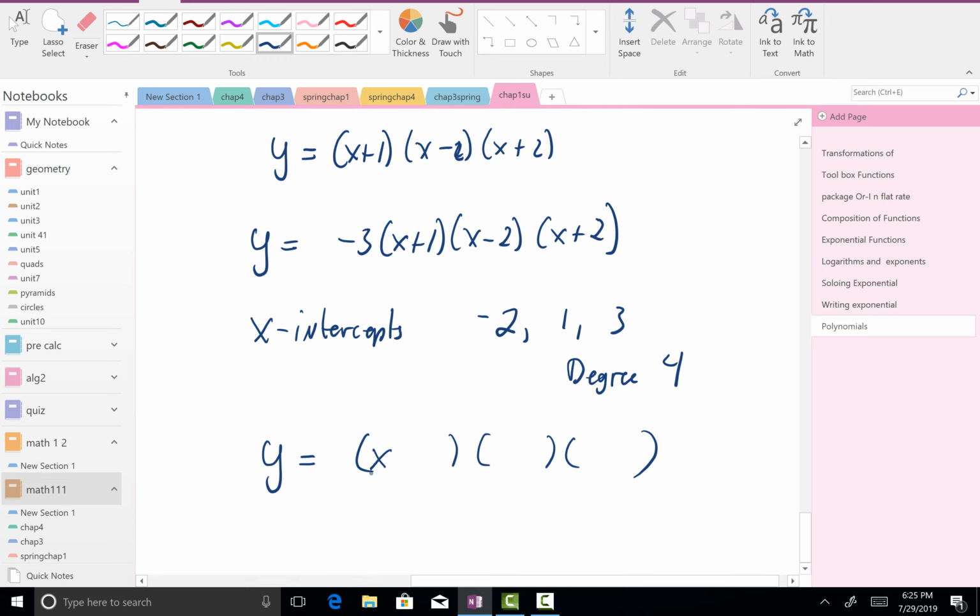We have x minus 1, because it's a positive 1, so it's got to be a minus 1, x plus 2, and x minus 3. But what's the degree of that we just wrote? We need a degree of 4, so what are we going to do with one of those quantities? Yep. There you go. That's how you solve that problem. Now that gives you a degree of 4. Pretty slick, huh?